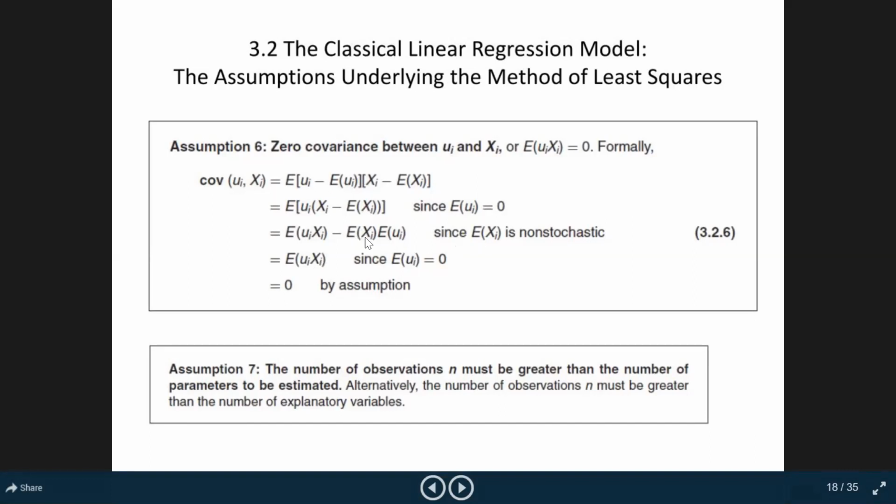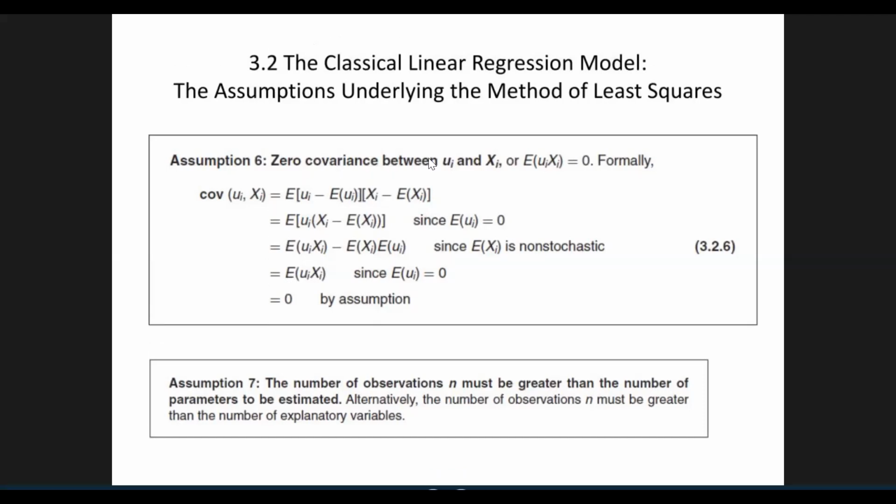So expected value of xi would be equal to x, and expected value of ui is 0. So the second term will be 0. So you will get expected value of ui xi, which is 0, and this is by assumption. We also stated that expected value of ui and xi is 0, as it is written over here, that expected value of ui xi equals 0.